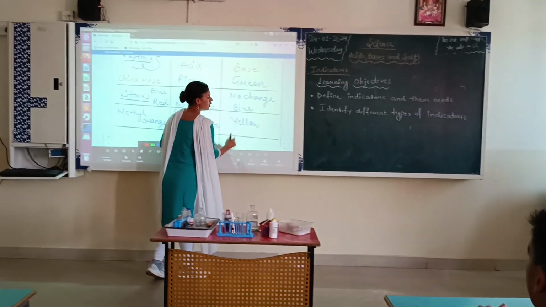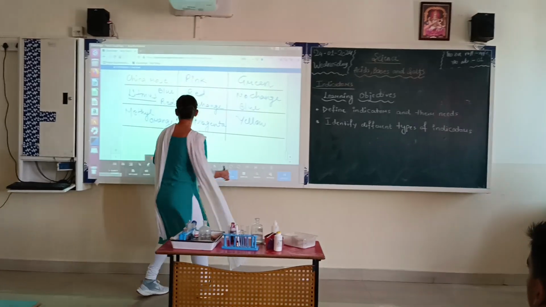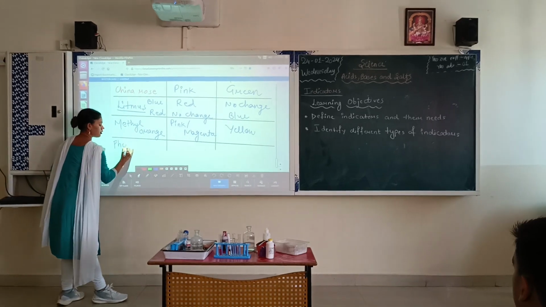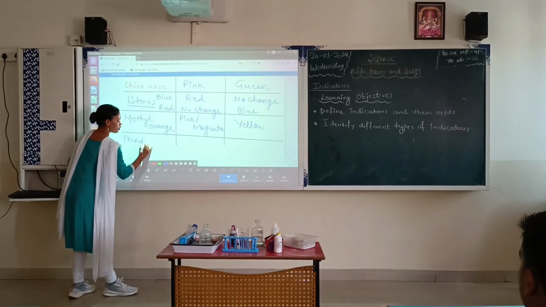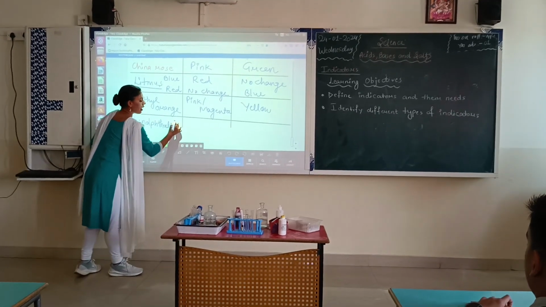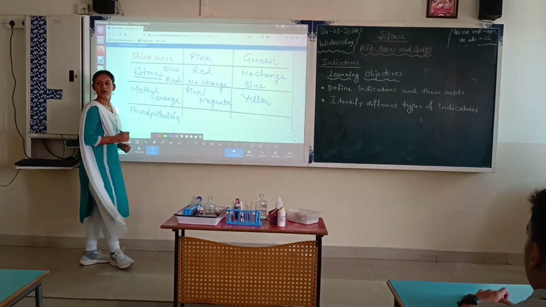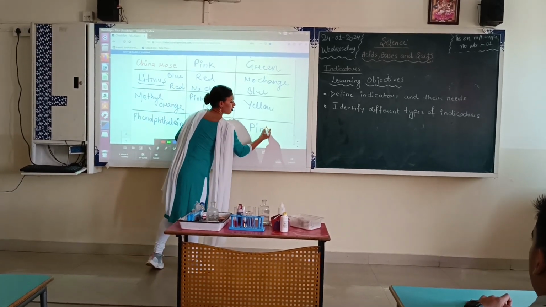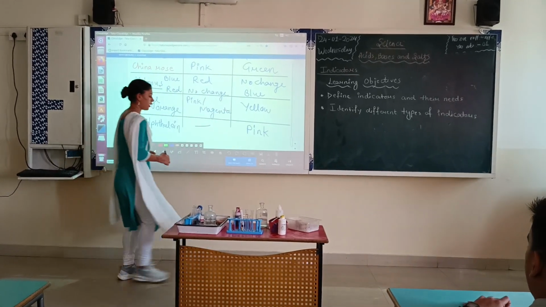That's what we have learned. And at the last, when we talk about phenolphthalein, what was the change? Phenolphthalein with an acid, is there any change? No change. And here it turned pink. Very good. Here it turned pink.